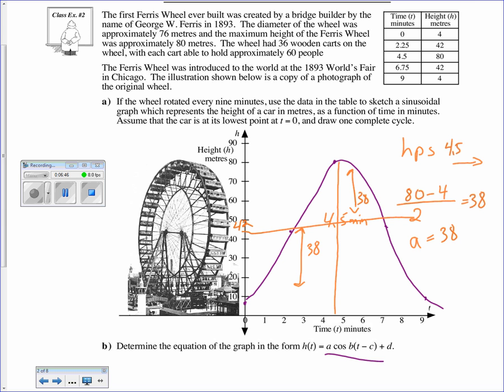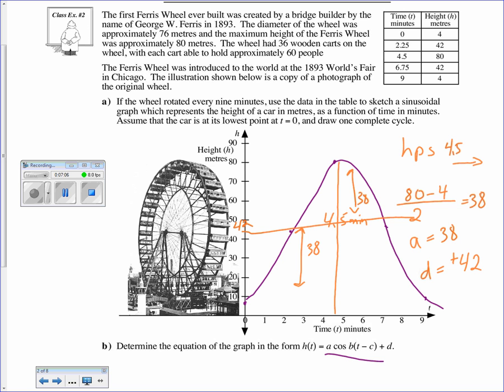That gives me my D value. My D value gives me that vertical shift that goes up 42. So I've got my A value. Oh, I don't have my B value. I have A and I have D, and I have my horizontal phase shift.